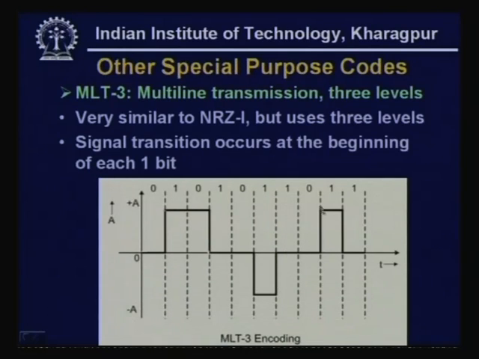In this way it uses 3 voltage levels, and the signal transition occurs at the beginning of each one. So, it is very similar to NRZ, but uses 3 different levels. That is the basic difference, and that is the characteristic of this code.